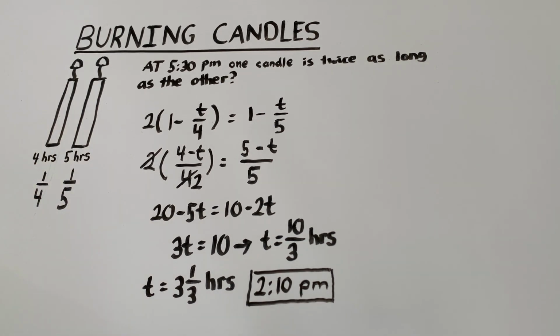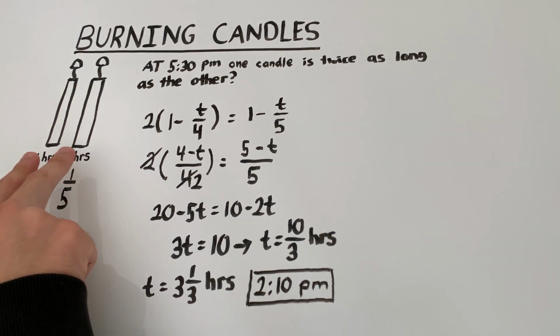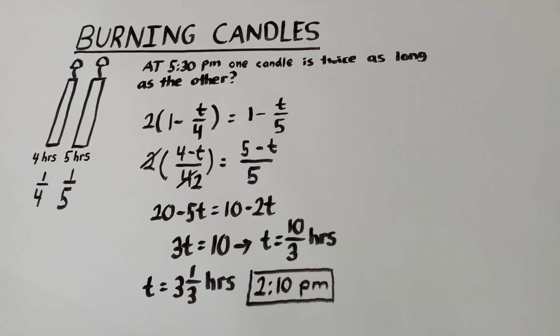So that answer would not make sense. If we got a value of 6 hours, well then, both candles will already be gone. So that doesn't help either.